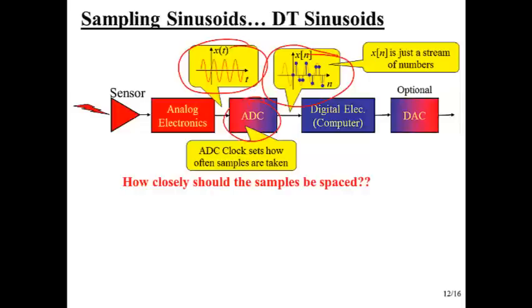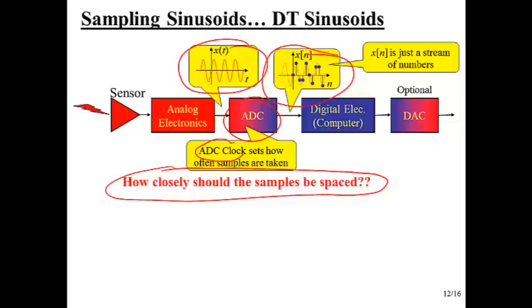Well, they'll look like a discrete time sinusoid, no surprise. But the question that we really want to answer here is, how closely should these samples be spaced in order for us to have a workable representation of the actual sinusoid? So the ADC clock sets the sampling rate, which then sets the spacing of the samples.